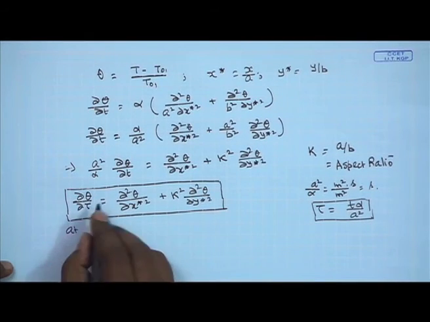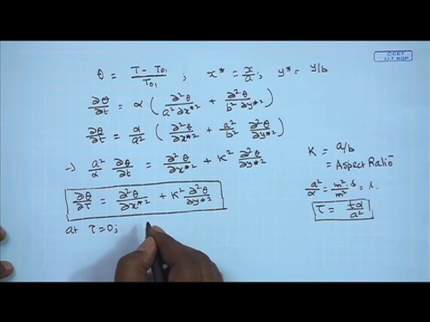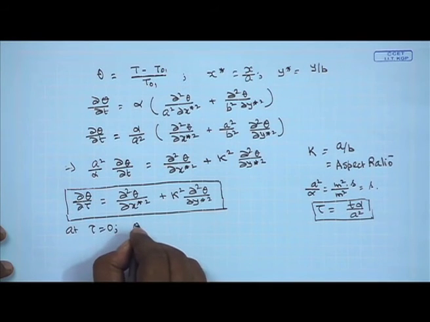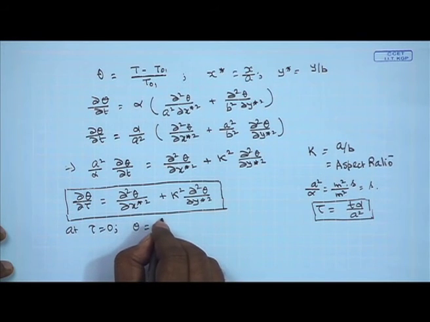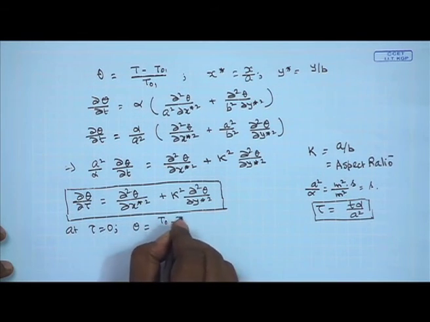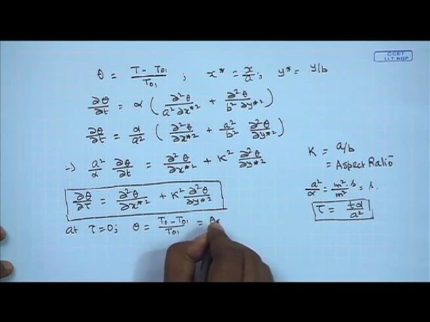Now, our next work is to make the boundary conditions non-dimensional. At t is equal to 0, that means at tau is equal to 0, my T is equal to T naught. So, my theta is equal to T naught minus T01 divided by T01. I call this theta naught.